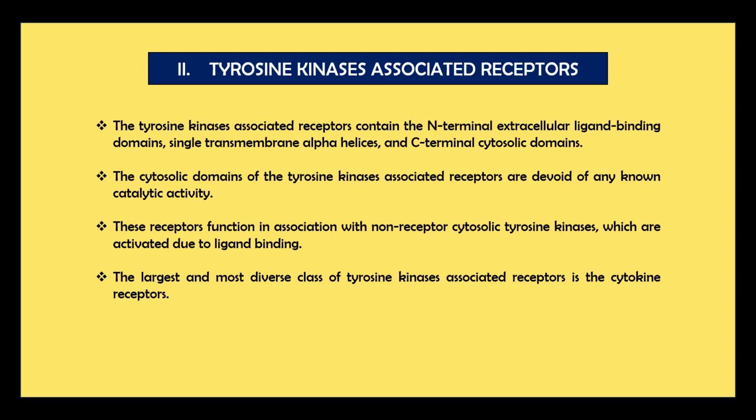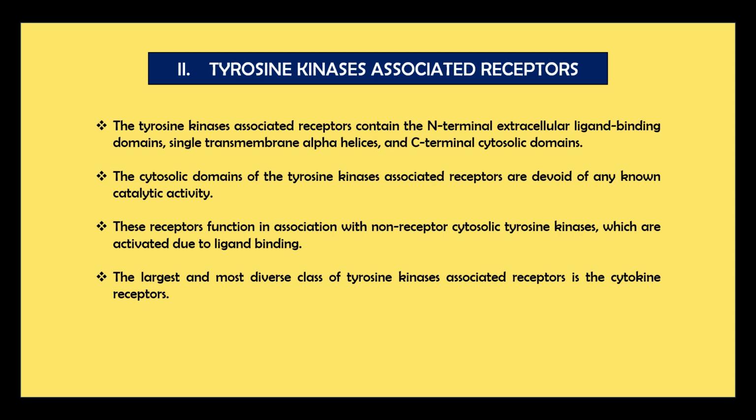This class includes the receptors for most cytokines like interleukin 2, erythropoietin, and some polypeptide hormones like growth hormone and prolactin, whose cytosolic domains are closely associated with a member of the family of cytosolic tyrosine kinases, that is the Janus kinases, which we know as JAKs.